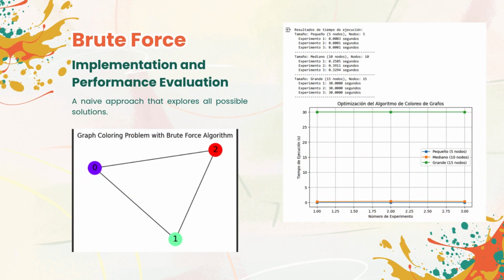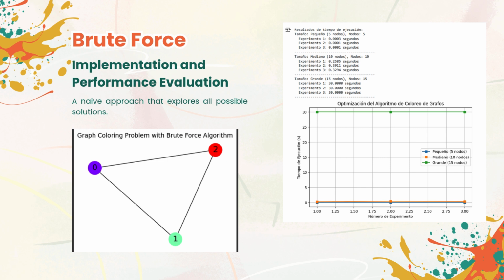I want to talk about the brute force algorithm. Here we have the brute force method for the same problem, that is graph coloring. This approach evaluates all possible combinations to find the best solution, guaranteeing optimal results but at a very high cost. On the left, an example with a small graph illustrates how this strategy assigns colors.